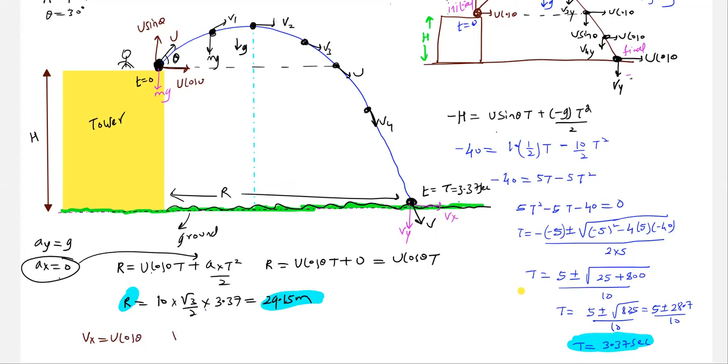Vy we'll calculate like this: Vy square minus Uy square equals 2 times Ay into h. Substituting all with sign, I'll substitute all the things with sign.